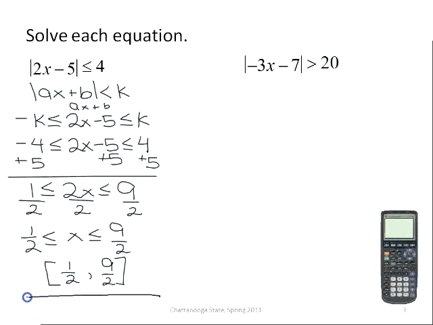If we were to shade on the number line, if this is my 0, it would go from the 1/2 up to 9/2. It would include all of this portion in between these two numbers.